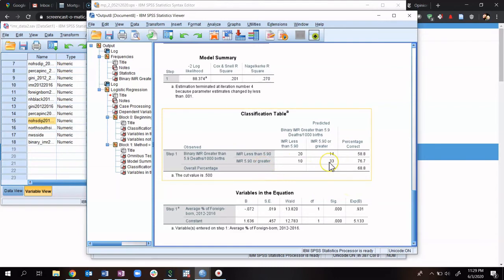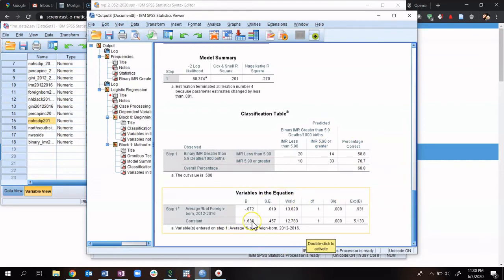So there were 33 community areas that were predicted to have an IMR over 5.9 and who actually were observed having an IMR over 5.9. There were 14 community areas that were predicted to have an IMR over 5.9 but who ended up having an IMR less than 5.9. And so on and so forth.